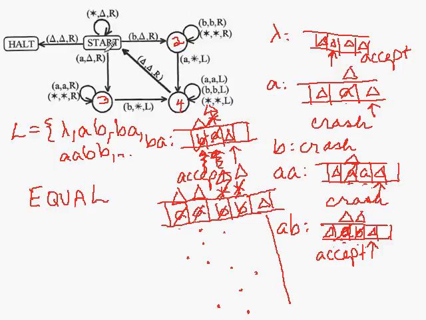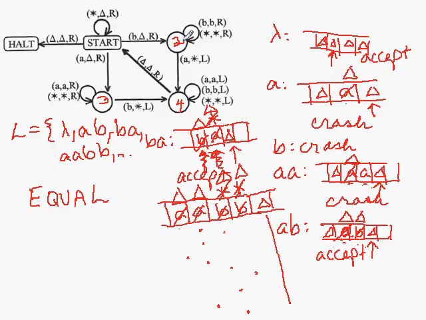And the only way to go to the halt state is if you've managed to erase all the stars and you're on a blank. If you are in the process of erasing stars and you come to a letter, an A or a B, well then you got to start around one of these cycles again, and you're going to get somewhere and crash.